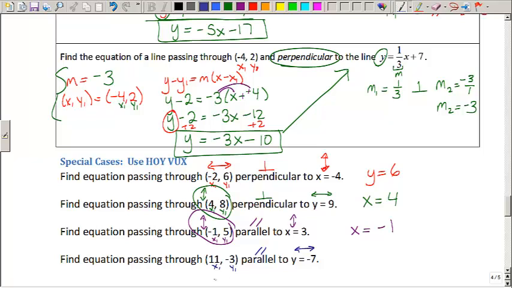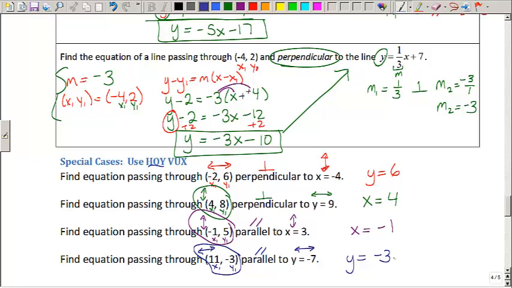What's parallel to a horizontal line? Another horizontal line. So I'm trying to look for an equation of a horizontal line that passes through 11, negative 3. Well, a horizontal line, HOI, says I start with y equals in my equation. Horizontal lines look like y equals a number. And what is my y value? Well, in this case, -3.